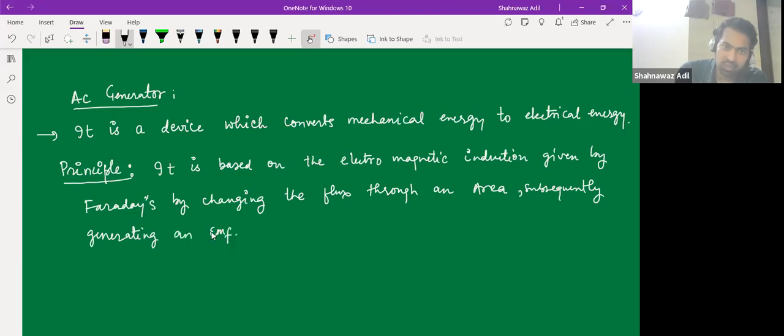Okay, so EMF. This is the principle of the AC generator, right?